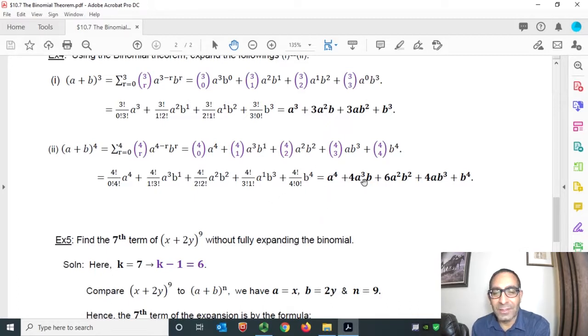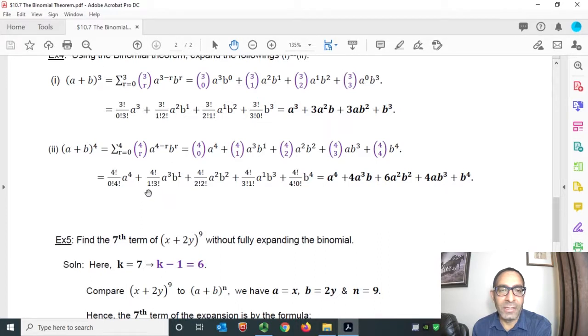Then in the last line, we can simplify here. So then 4 factorial cancels, so only the first term is a raised to the power 4. And the second term here, 4 factorial can be written as 4 times 3 factorial and cancel the 3 factorial in numerator and denominator. So then we only have 4a cubed b.